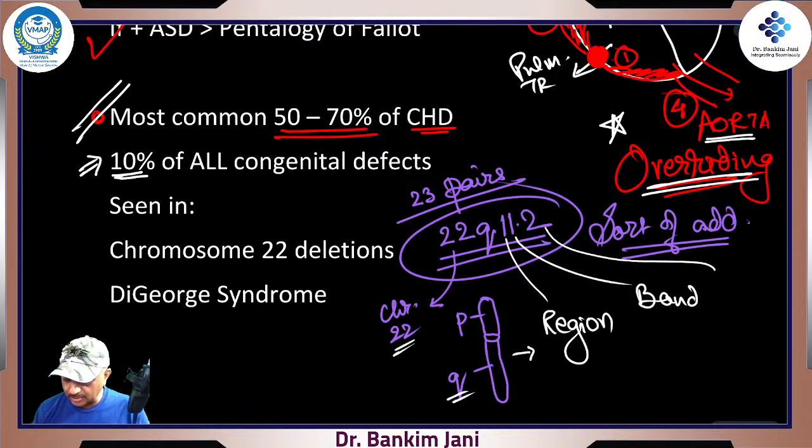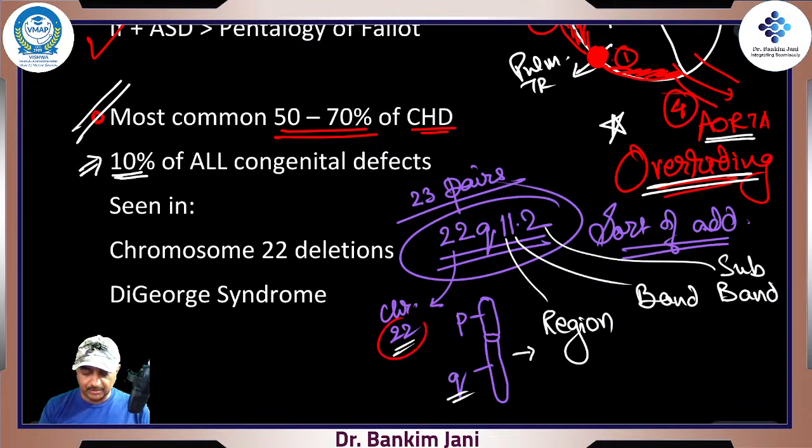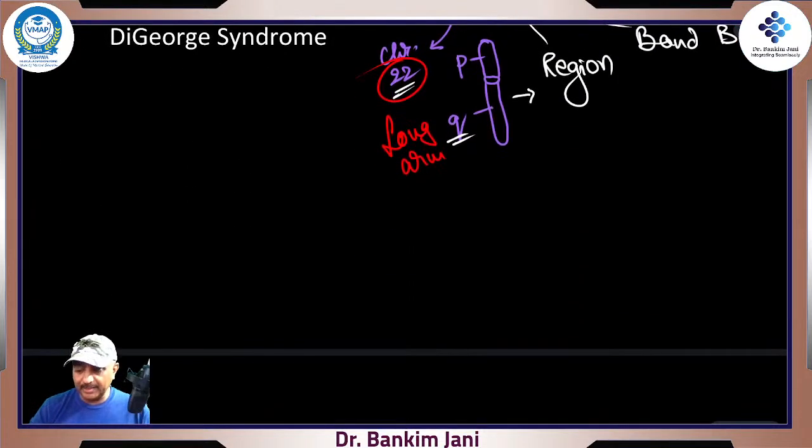So this dot 2 is the sub band. Here we come to the exact location: we are talking about chromosome 22, its long arm, region 1, band 1 and sub band 2. This is the point we are interested in.